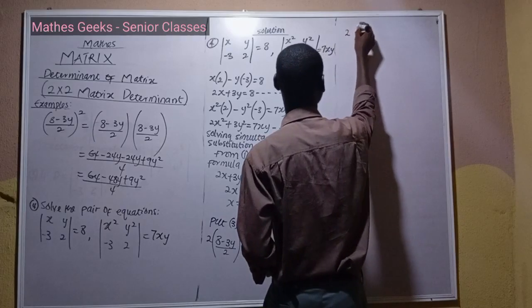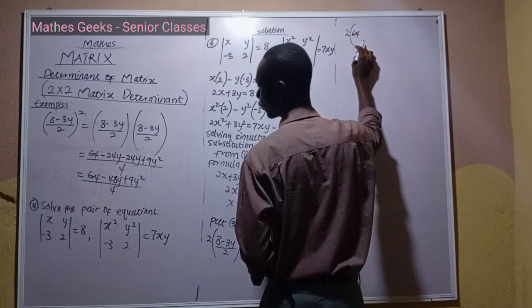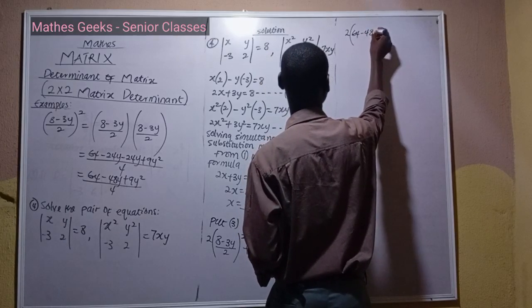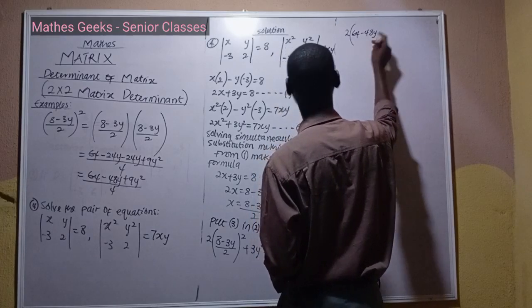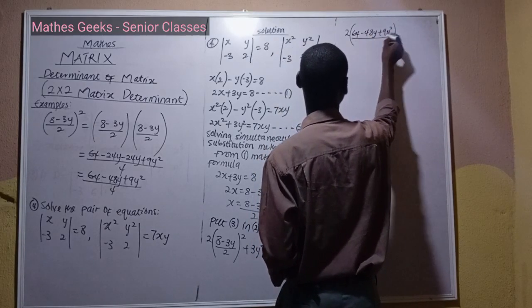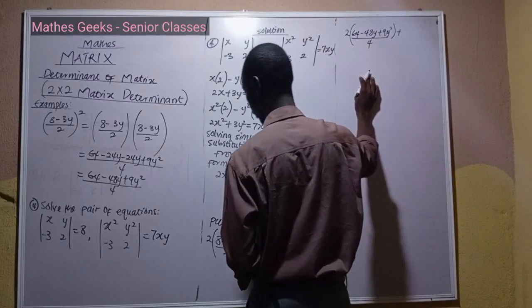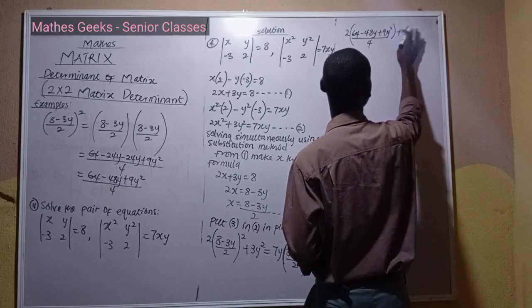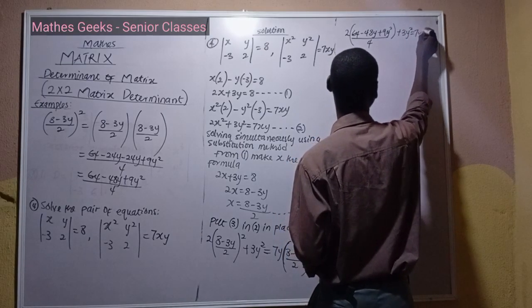That will give us 2 times (64 minus 48y plus 9y squared over 4) plus 3y squared equals to 7y times (8 minus 3y over 2).